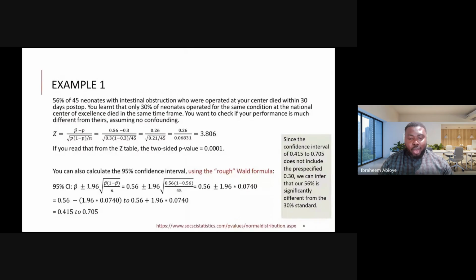Remember that the confidence interval is a range, so our values go from 0.56 minus that margin to 0.56 plus that margin. When we plug in the numbers, the final value is 0.415 to 0.705.